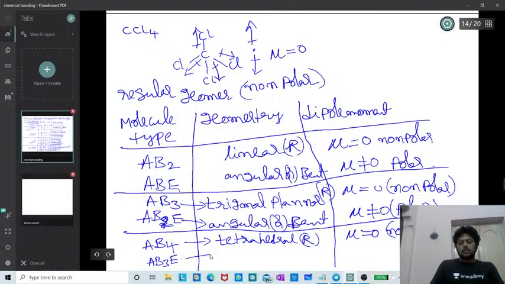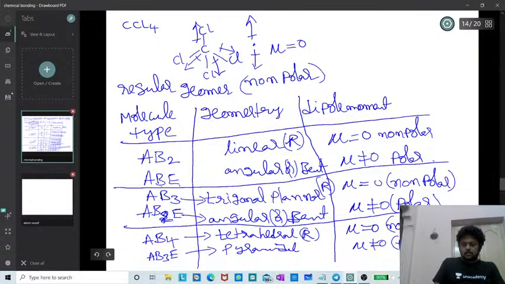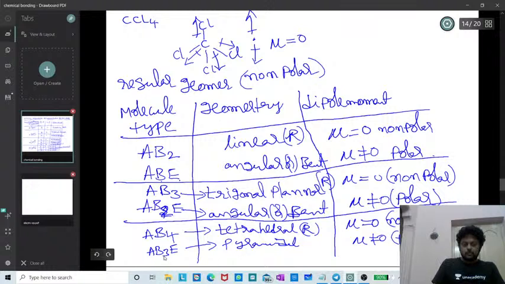Next, AB3E, that is a pyramidal structure. It is non-regular geometry. Dipole moment not equal to 0. Molecule polar. Next one, AB2E2, in this it is bent shape.